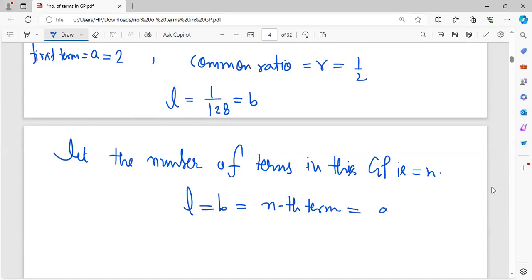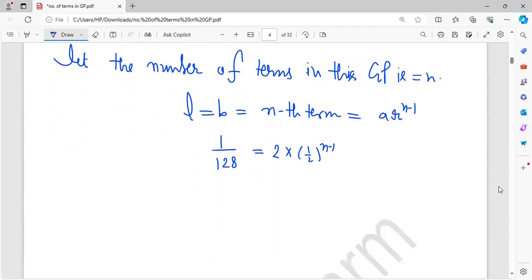What is the formula for the nth term? A R to the power n minus 1. So this is 1 upon 128. Put the value of A, 2. What is R? R is 1 by 2, to the power n minus 1. How can I write 1 upon 128? 2 to the power 7 it is.